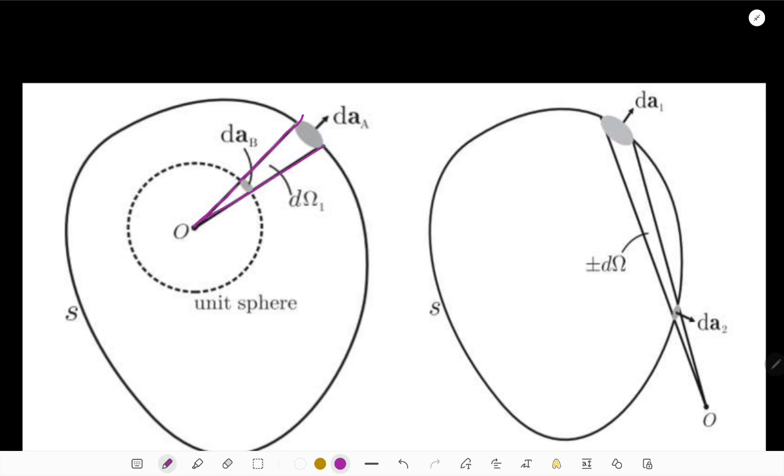You can see that this area element dA_A subtends the same solid angle at point O that is subtended by dA_B, the area element at the surface of this unit sphere.